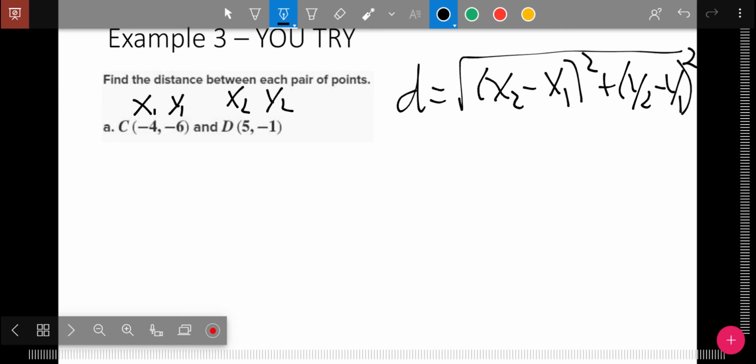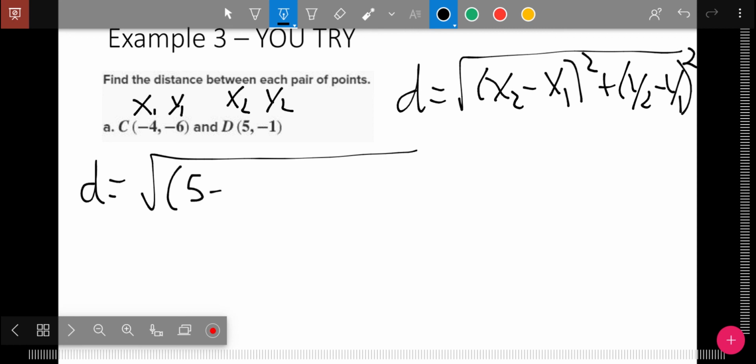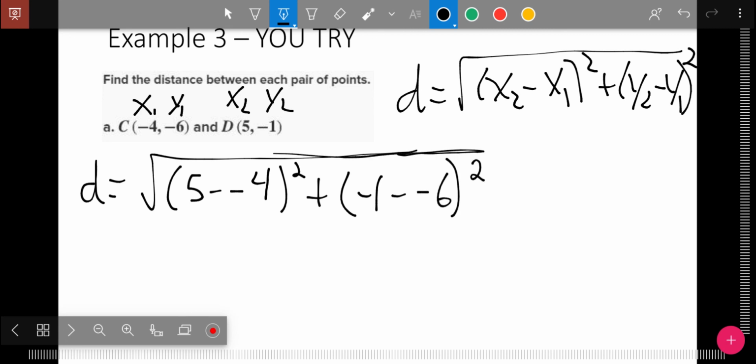So to do the math, distance equals x sub 2, 5, minus negative 4 squared, plus y sub 2, negative 1, minus negative 6 squared. And again, it's all under the square root sign here.